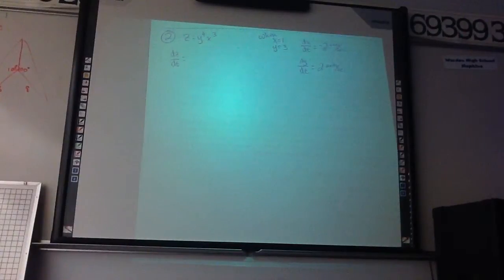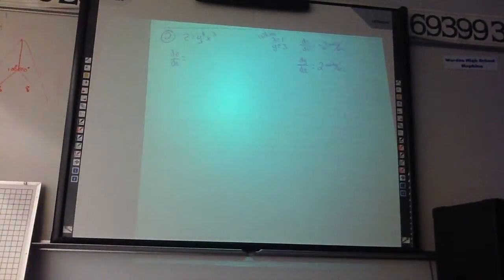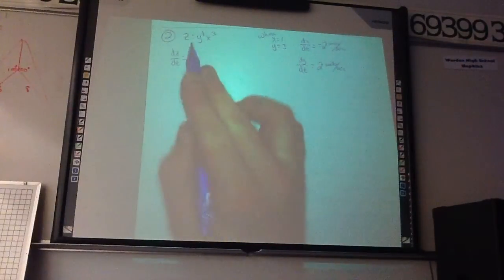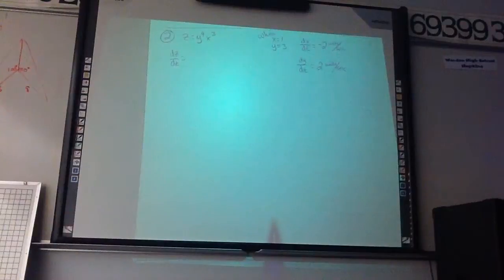It's easy. First one times the derivative of the second plus second one times the derivative of the first. Say that again? First one times the derivative of the second plus second one times the derivative of the first. If you keep it the same, you don't do the dy.